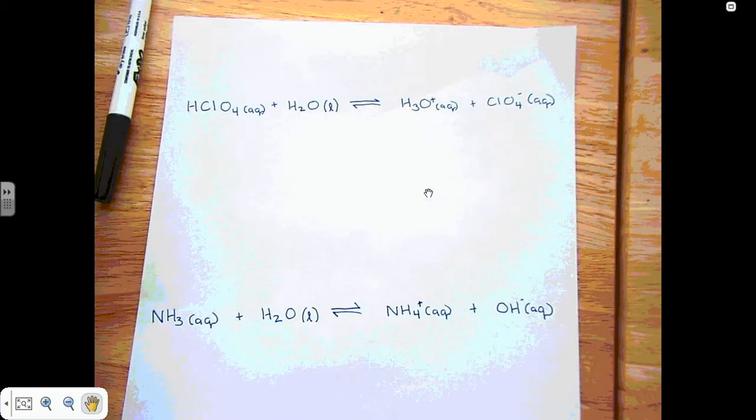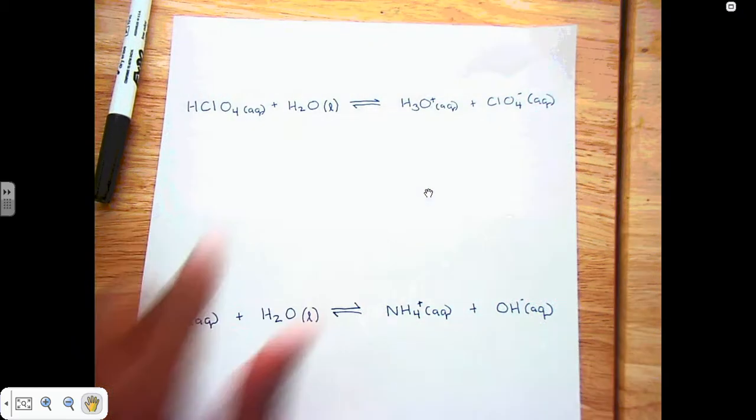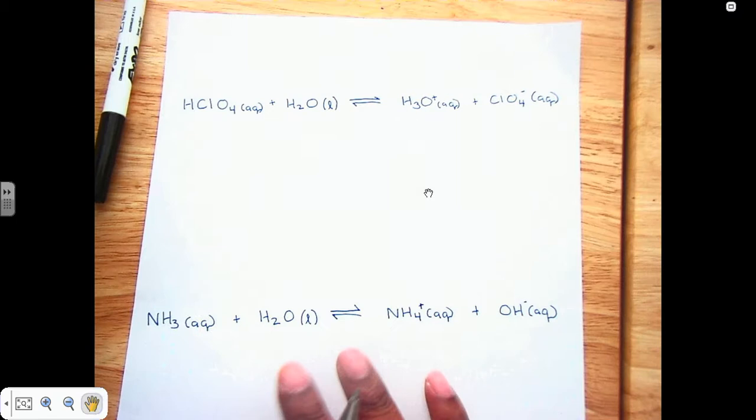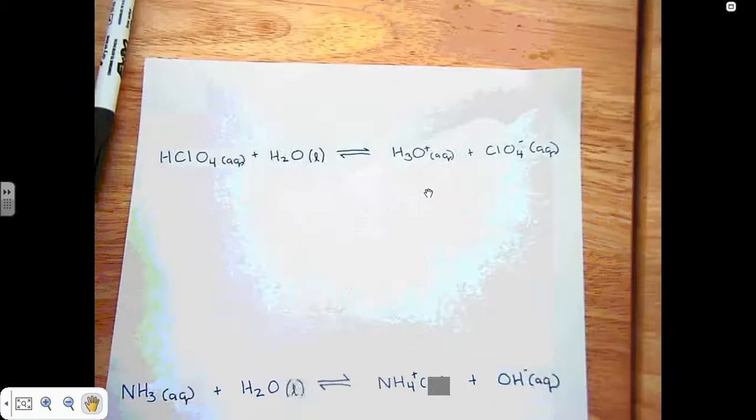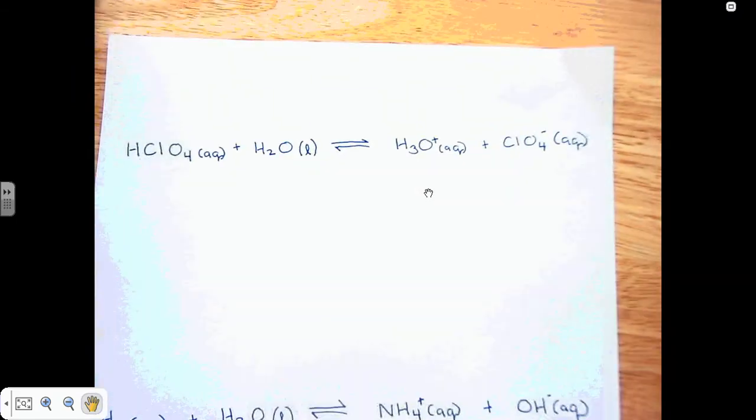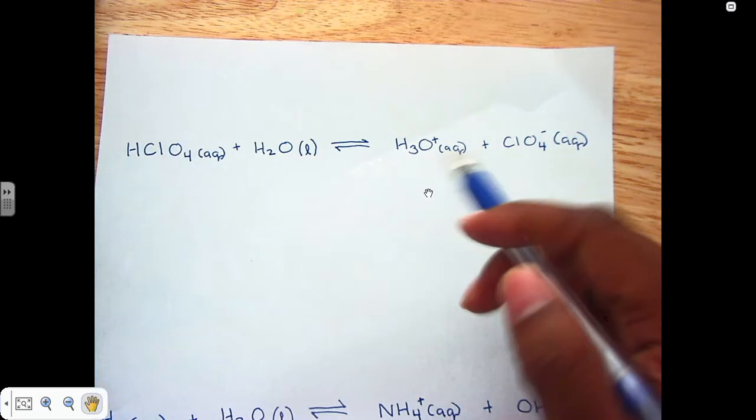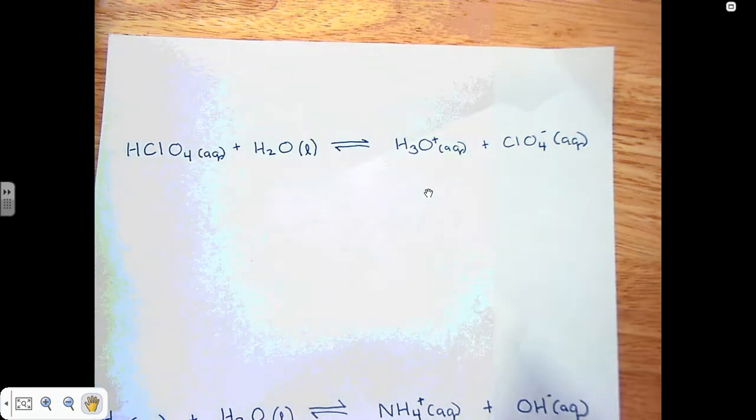So we have this first setup, and in this first setup, we have a situation where you have HClO4, and it's reacting with H2O, and it's yielding H3O+ and ClO4-.